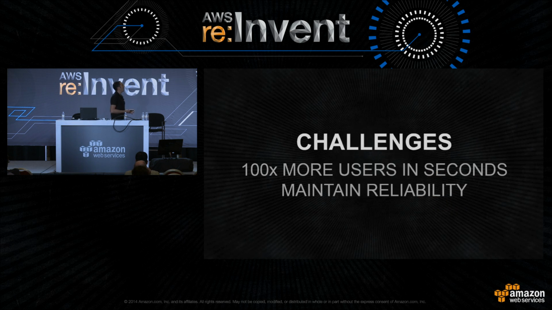Now, coming back to some of the challenges of those applications, the classic one is scale and reliability. Because this is something we often experience at Amazon when we do a Black Friday, for example. So Black Friday, we definitely know that we're going to have a huge amount of users compared to the traditional days.